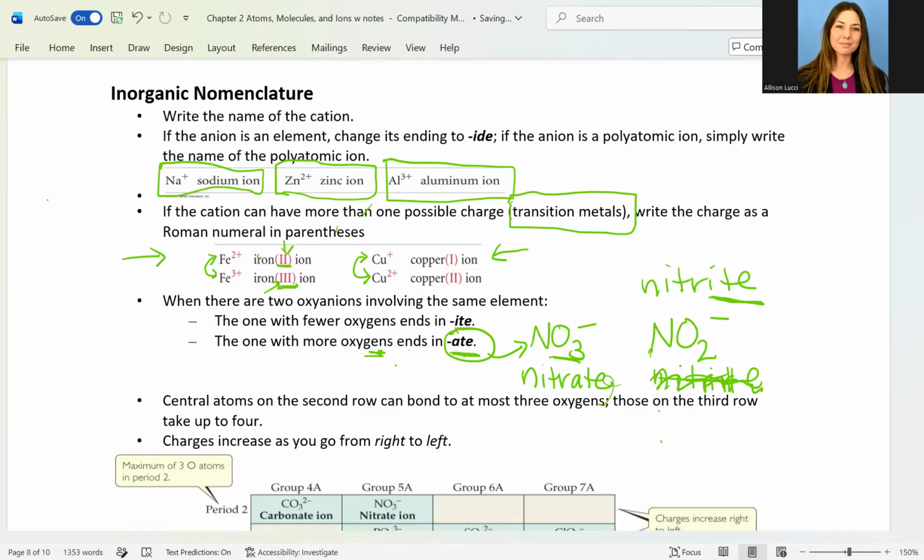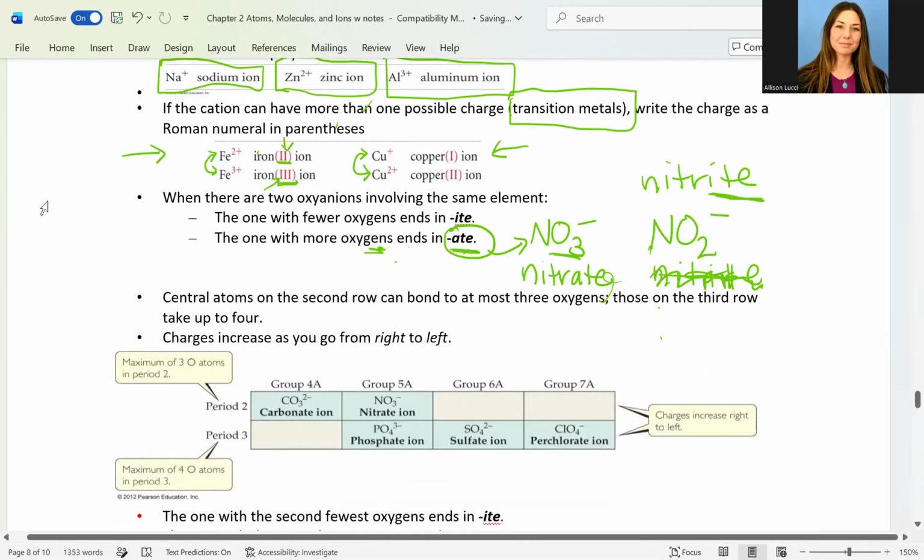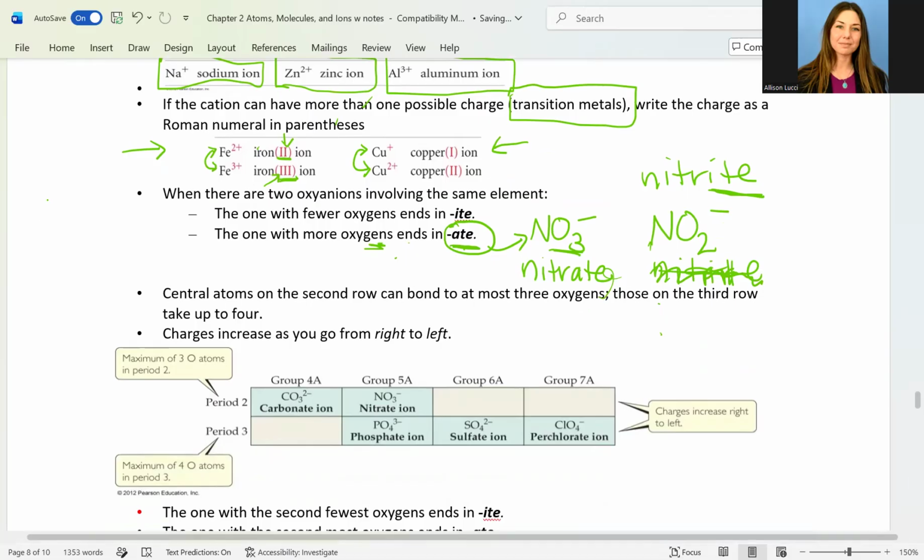But we can see this happens in groups of two, sometimes in groups of four. When we have carbon, we only get one form. So this would be carbonate with three oxygens. But then we can see nitrogen would form nitrate as well in group five. We have phosphate that tends to form PO4 with a -3 charge.